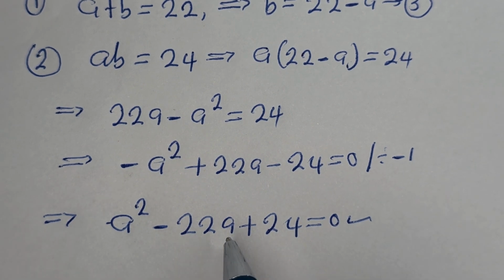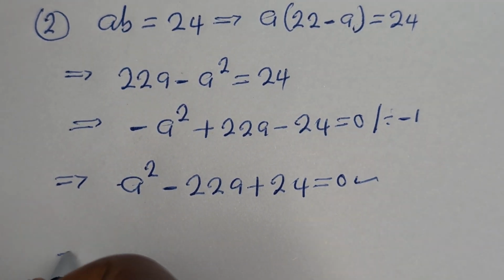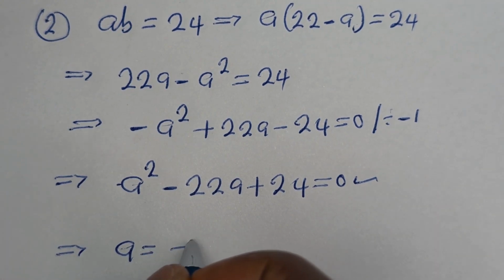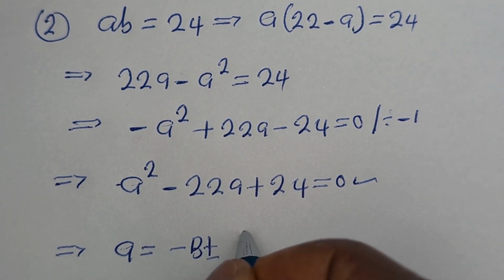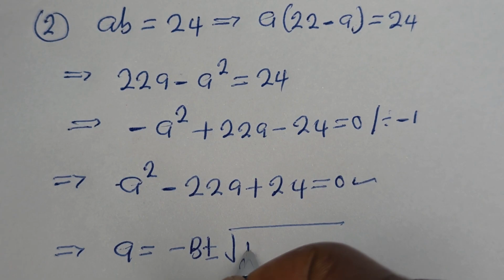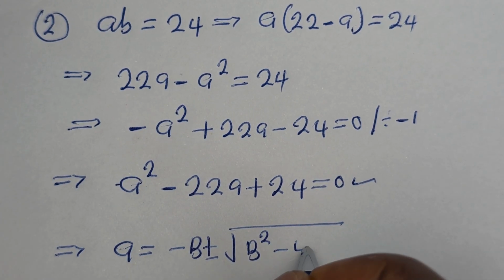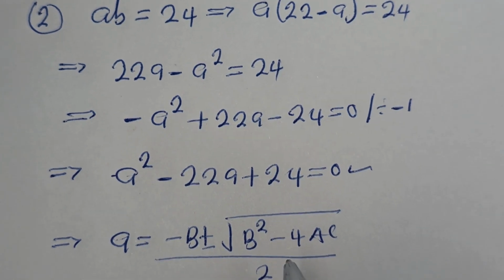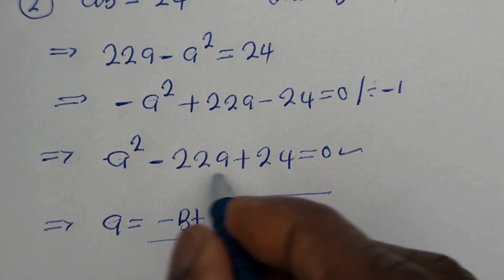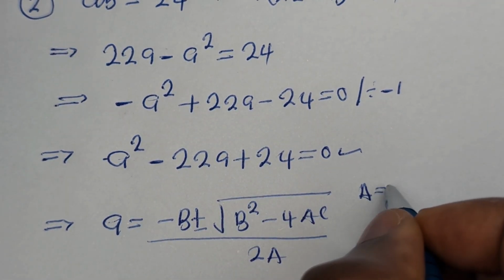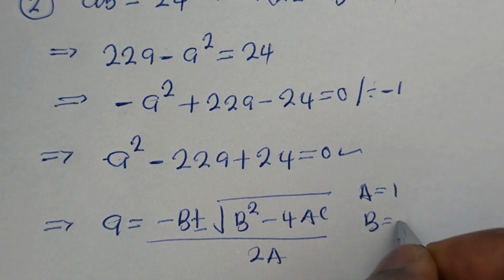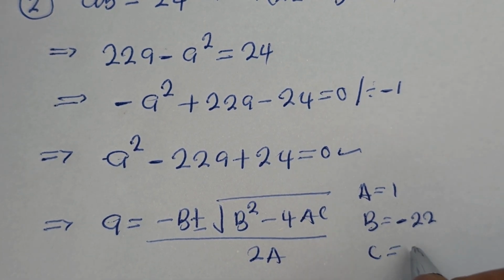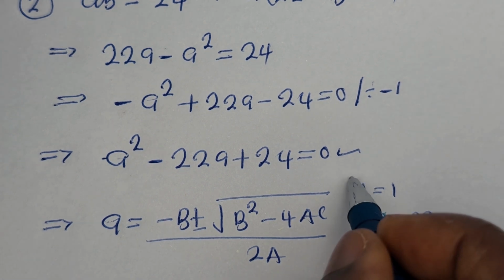Let us solve this using the quadratic general formula. a is equal to minus b plus or minus square root of b square minus 4ac over 2a. And from this equation, a is equal to 1, b is equal to minus 22, c is equal to 24.